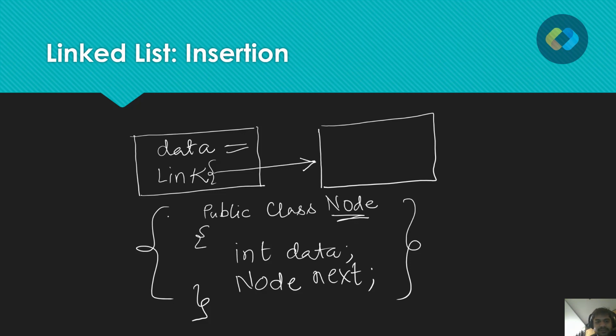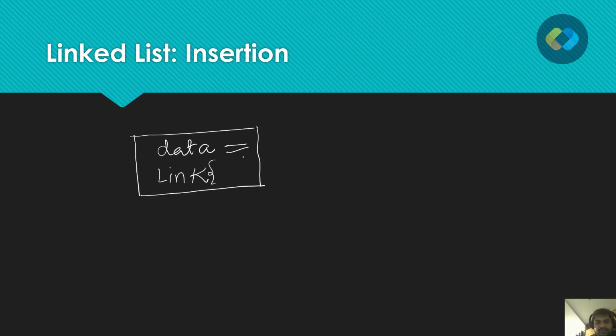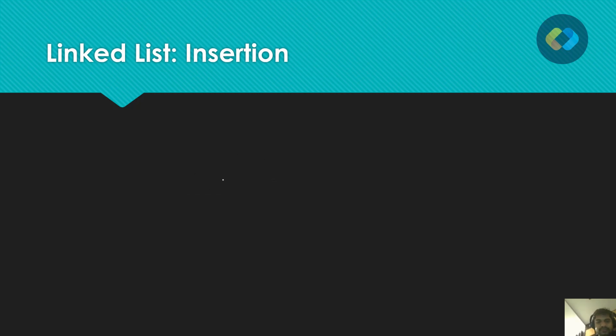Now let's understand the basic operation, which is insertion. How does it work? Initially your linked list is empty, you don't have anything. So then you will create the first node. This is our first node of the linked list, and we are storing an integer. Suppose our integer data is 1.